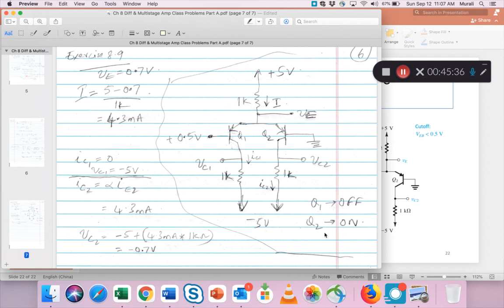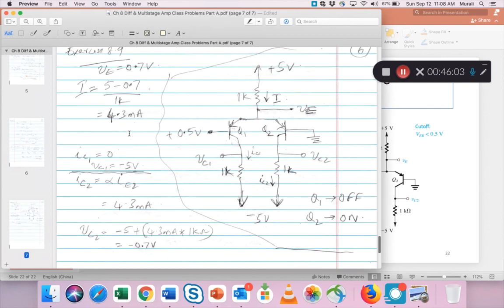Once you know that Q2 is on, you can do the rest of the analysis pretty quickly. As soon as this transistor is on, we know that this VE will be 0.7 volts from here to ground. Then I in this circuit will be 5 minus 0.7, which is the voltage here, divided by the resistor 1K, which is 4.3 milliamps. Now we know that the collector current here will be 0 because this Q1 is off.